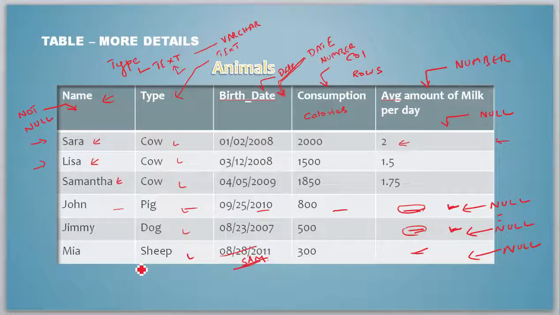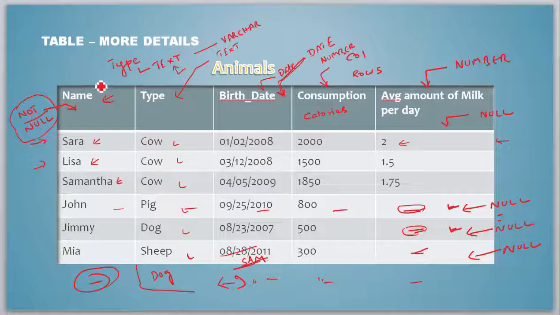Like, if someone comes and inserts data, dog, and then some birth date, some calories, and null, and then null here, it doesn't make sense, because the way Mr. McDonald organizes his animals, he seems to give some name to the animals, so there should be some name here. So whenever you insert any row, this has to have some value in it. So these are the additional attributes that form the structure of a table.